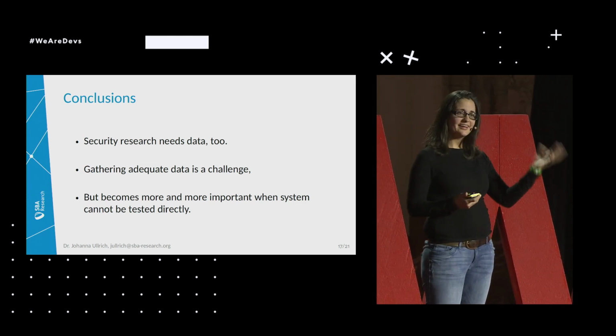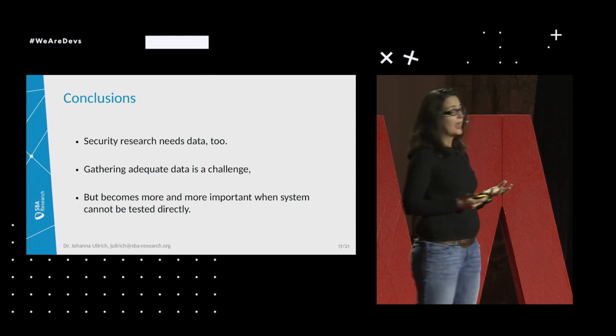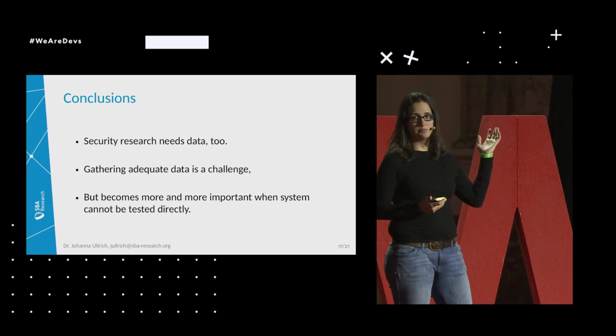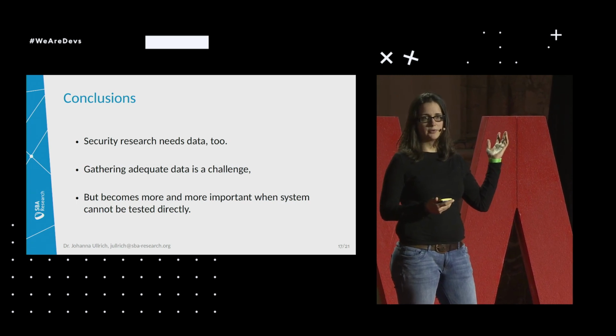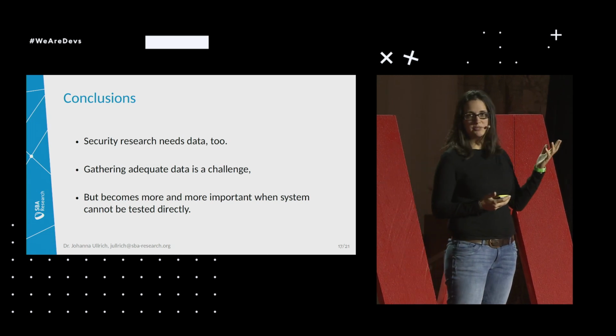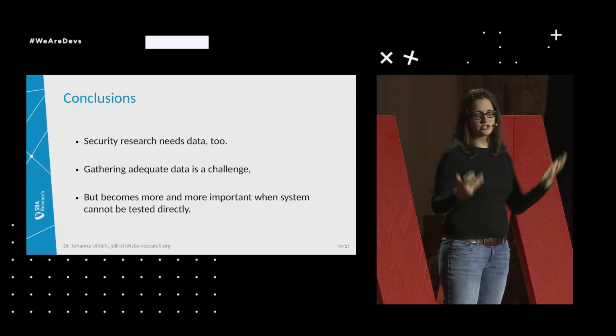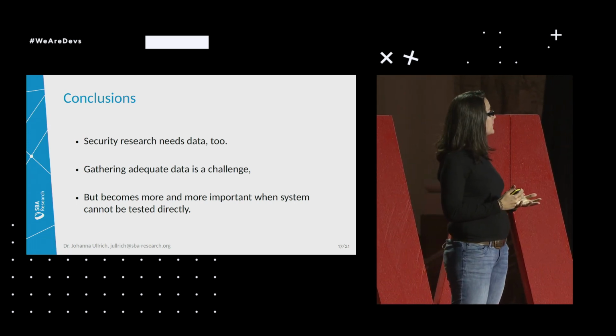So getting adequate data is really a challenge. And in the examples I brought before, I didn't talk about privacy protection or some data protection mechanism, because that is just some structural data, but it becomes even more complicated with such data.